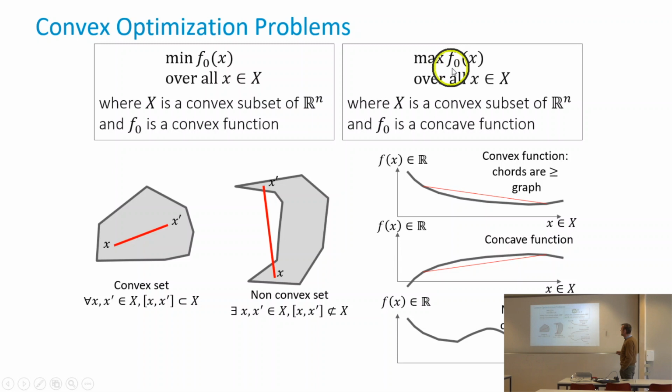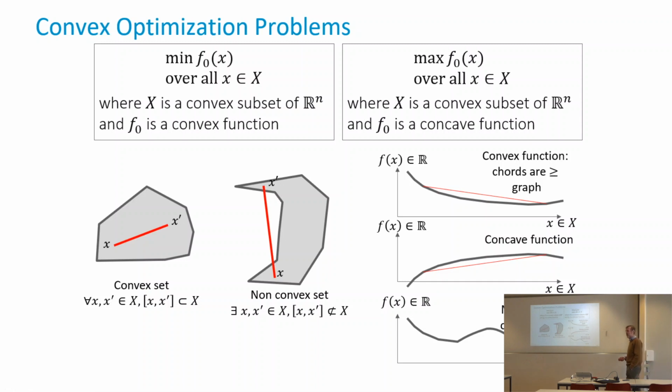A variant of this is if instead of minimizing, I maximize, then maximizing requires the function to be concave. So concave is the converse of convex. If I draw a straight line between 2 points of the graph of the function, the line is below. And maximizing f0 is the same as minimizing minus f0.